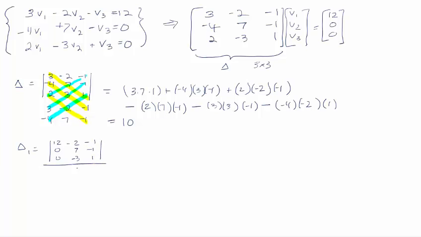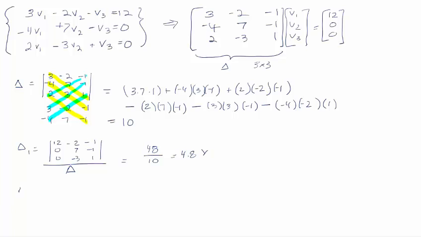Determinant of that over that big determinant of the coefficient matrix that I just found. So you do the same kind of process again, and you will get the answer of 48 divided by 10, or 4.8 volts.